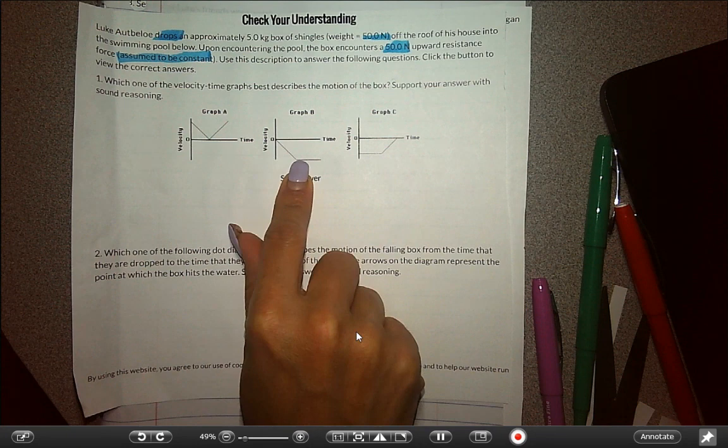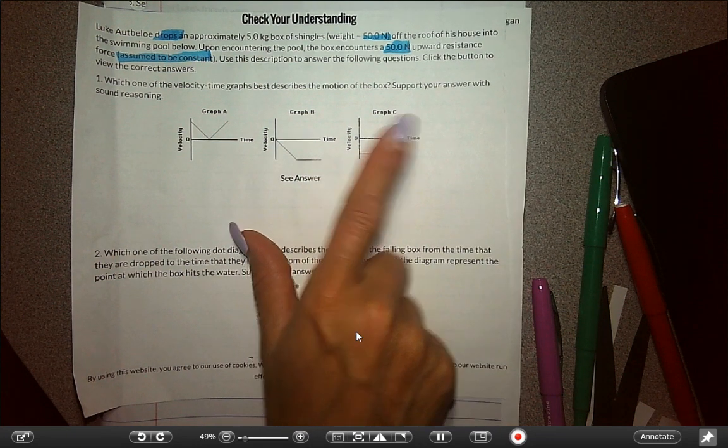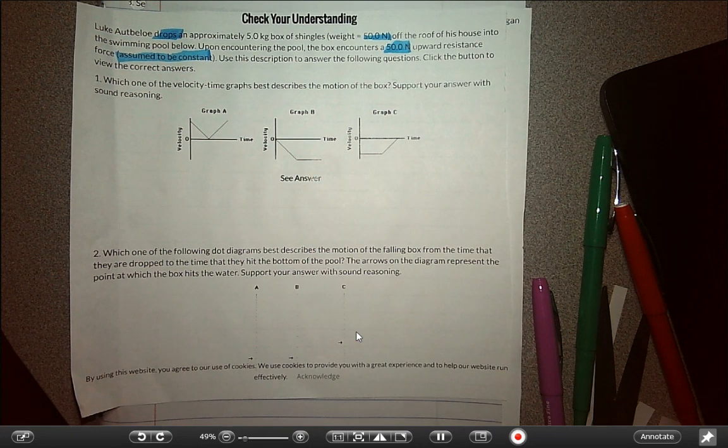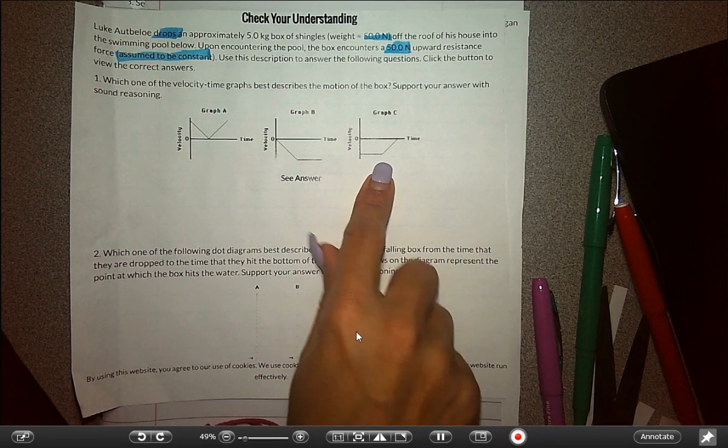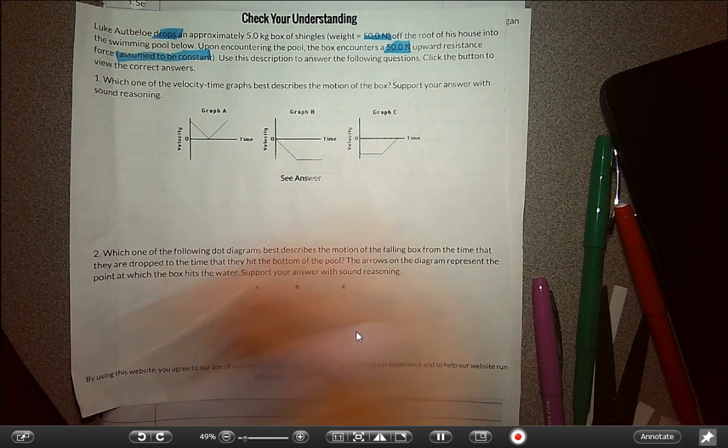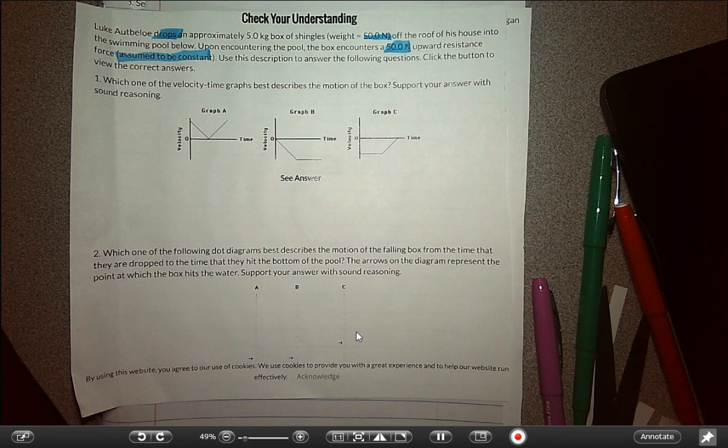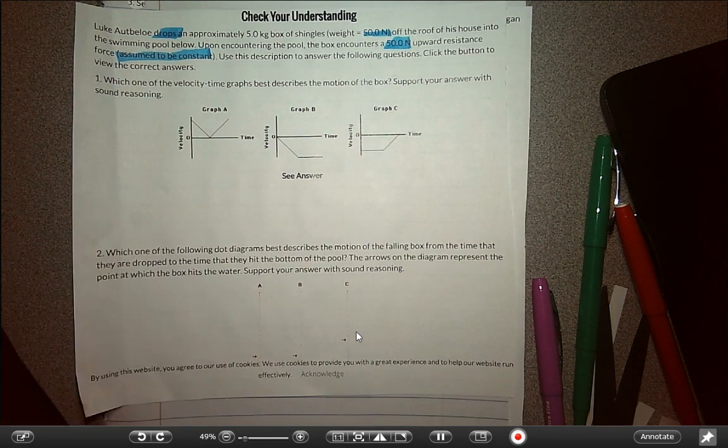It dropped and then it moved at a constant speed. As for C, it actually started off constant and then it was accelerated upward. So if we think about what is given in the question, it seems like graph B is the one that satisfies that statement.